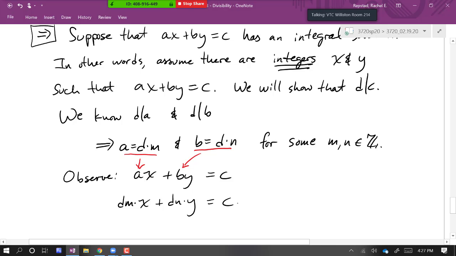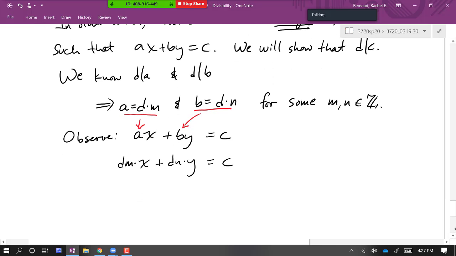What can we do on the left side there? Factor out d. Yeah. Factor out d, we have mx plus ny. What does this mean?